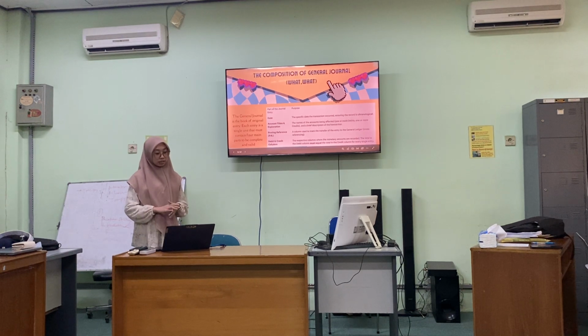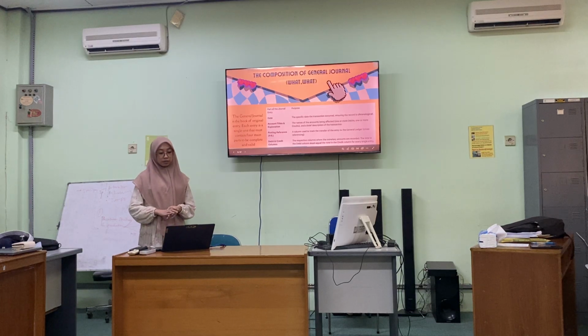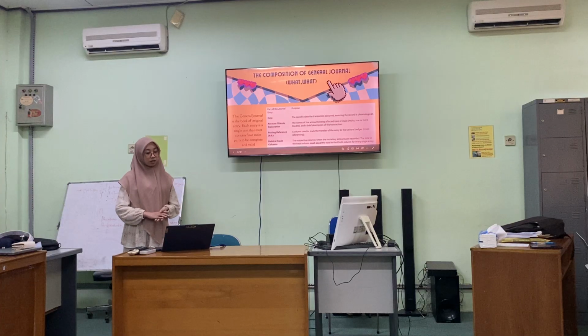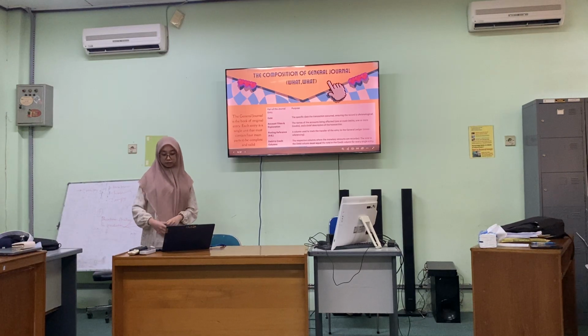And there is posting reference or PR, a column used to track the transfer of the entry to the general ledger, cross-referencing. And last, debit and credit columns, the respective columns where the monetary amounts are recorded. The total in the debit column must equal the total in the credit column for every single entry.